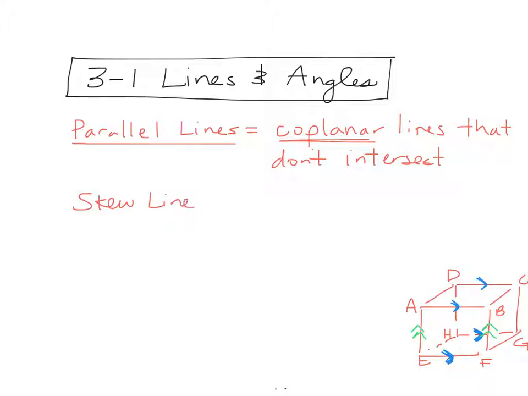And these are the ones where the whole coplanar thing matters, because for skew lines, they're non-coplanar, so they're not going to lie on the same plane. Non-coplanar lines that don't intersect.